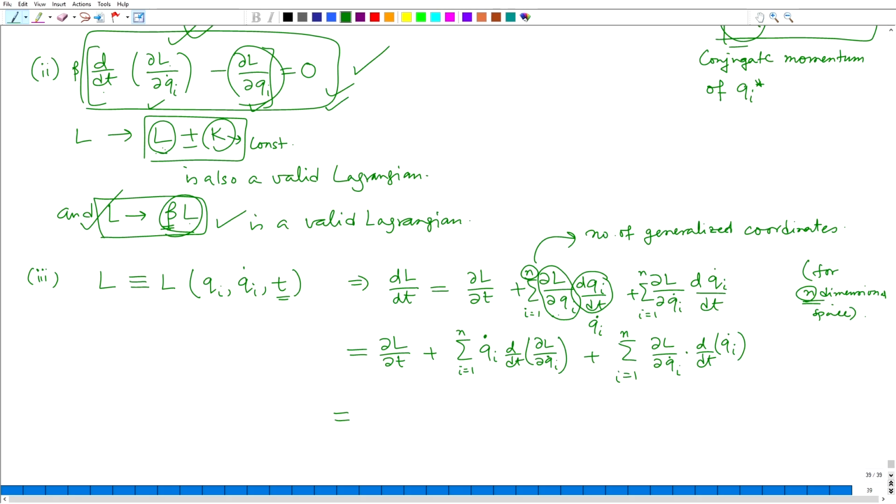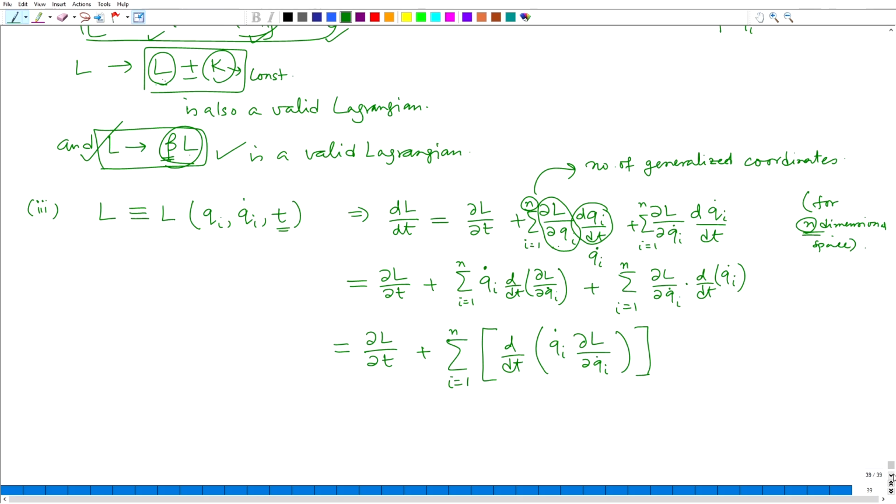Okay. So, you can write again T, you can take the summation out, i from 1 to n, then d/dt of qi dot times ∂L/∂qi dot. Now, I started from dL/dt and I have this expression.